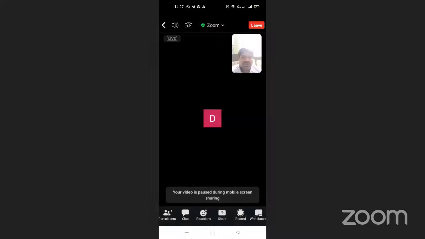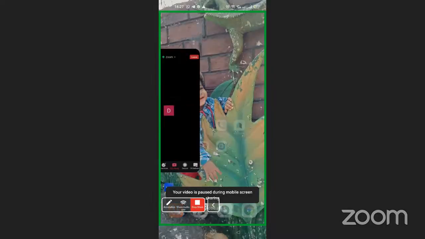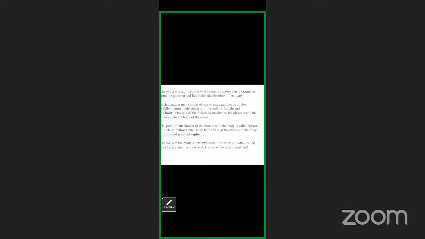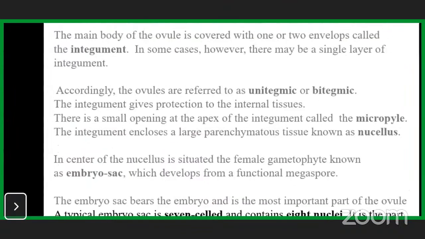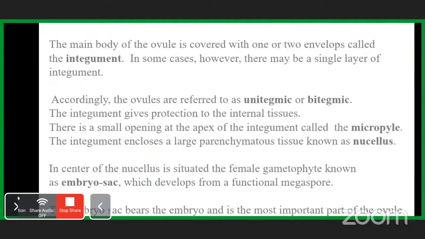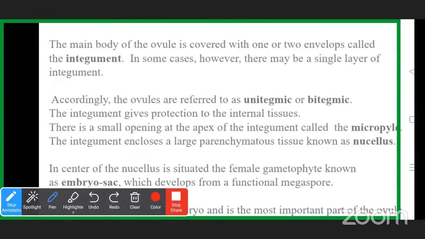Here you can easily see the structure of the ovule, the most important structure, in the diagram that you can see here. Integuments we discussed, and based upon the number of integuments, three types are there that we already discussed: ategmic, unitegmic, bitegmic, and polytegmic.